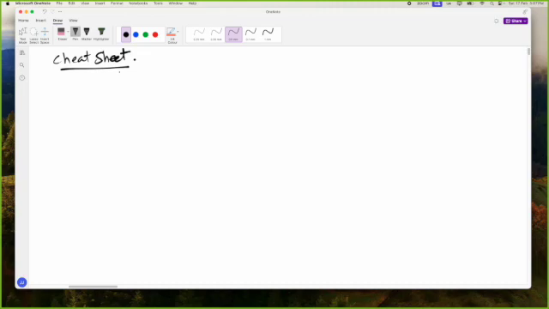So this is the cheat sheet for coordinate geometry. Remember, coordinate geometry had a couple of different steps. First, we had an equation, and you had to go from the equation to the graph. Let me write the equation properly: y is equal to x plus 3.